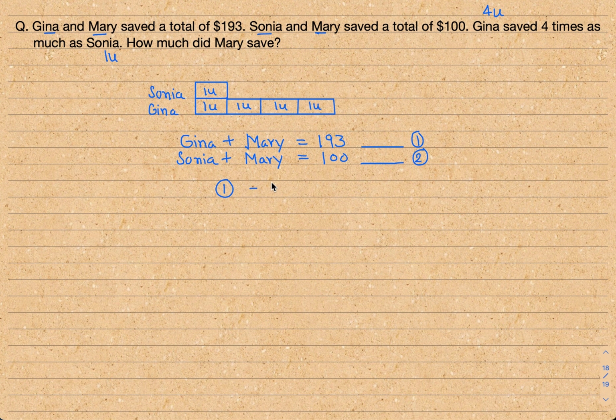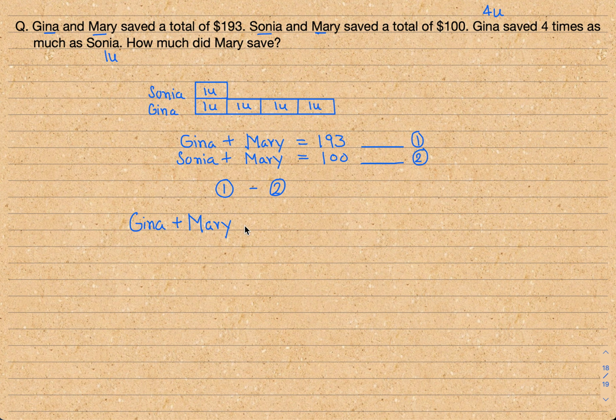If I subtract equation 2 from equation 1, what will happen? On the left hand side of equation 1 we have Gina plus Mary. So basically we are trying to subtract the total amount of money which Sonia and Mary have together from the total amount of money which Gina and Mary are having.